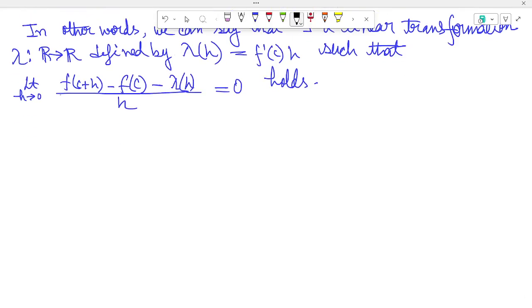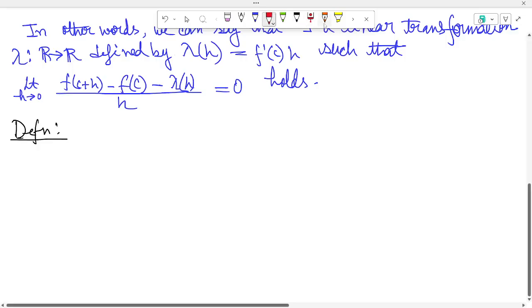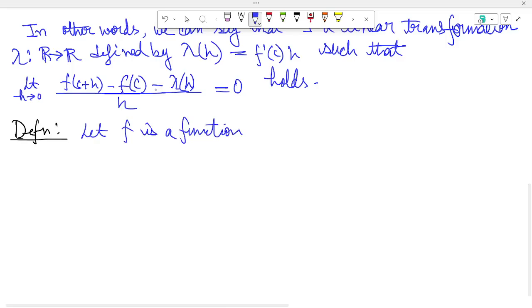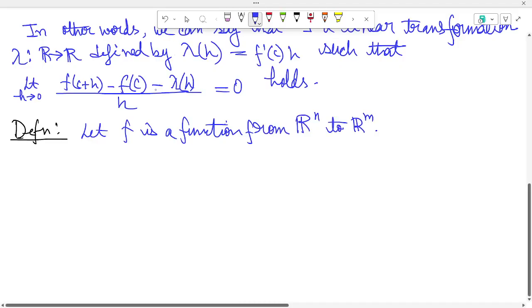So let me write it as a definition. Suppose f is a function from Rn to Rm. I have no restriction on n and m. They are not necessarily one. m and n might be any natural numbers.